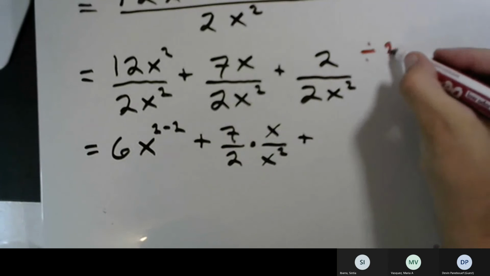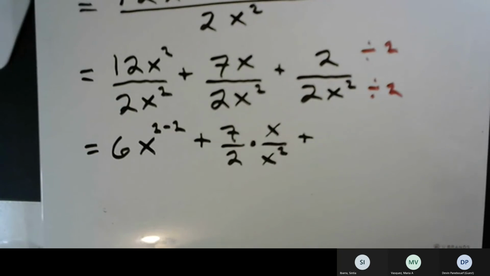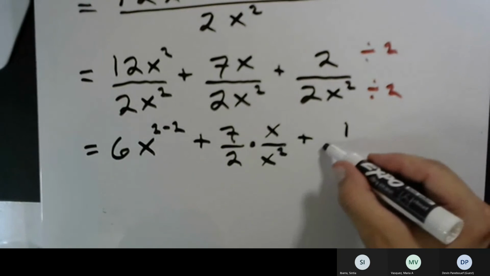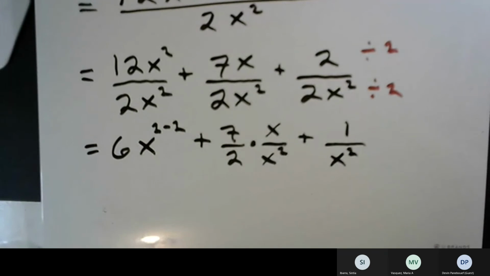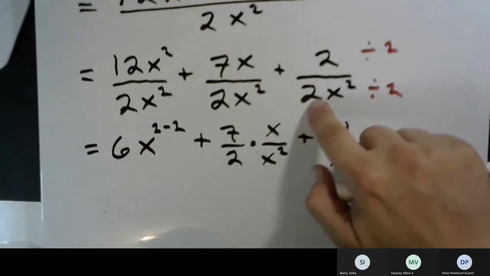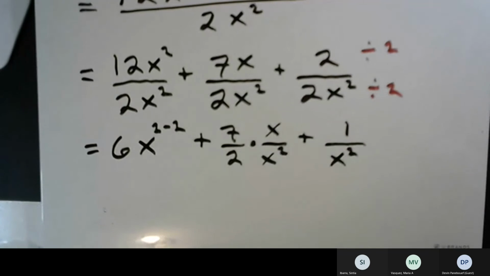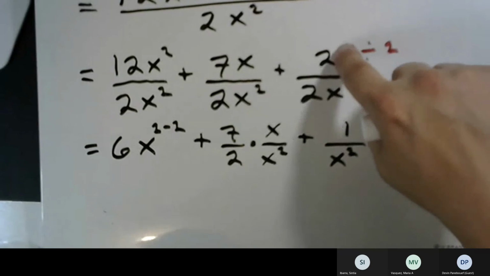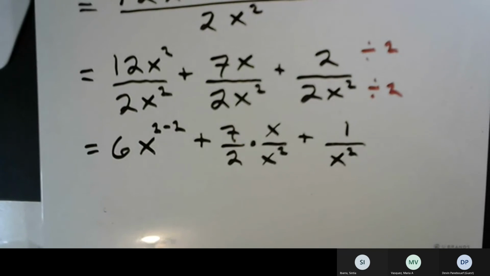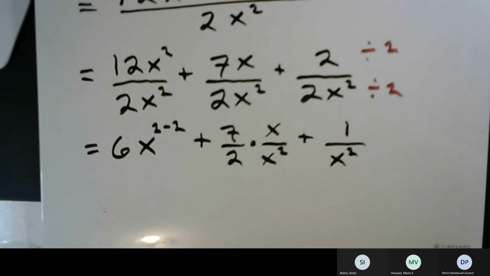We can divide by 2, divide by 2, and what we're going to get is 1 over x squared. Or another way of putting it, you can say the 2's cancel each other. And whenever you cancel something completely on the top or on the bottom, you just have a blank spot, put a 1. But you can think of it as dividing top and bottom by 2.